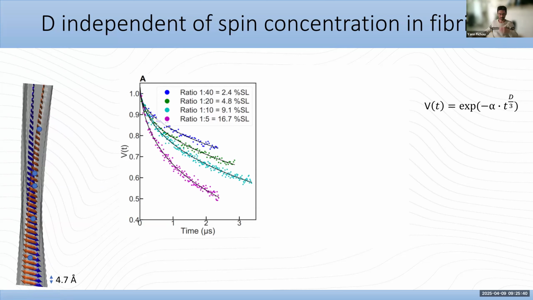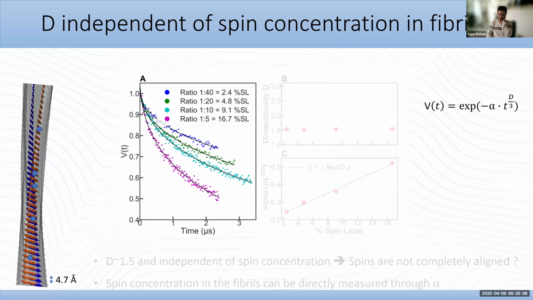When we change the ratio of labeled to unlabeled, we're changing the density of label in the fibers. If we have 98% unlabeled, then there are few spins along the fiber axis. If you have 83%, then you have many more spins.